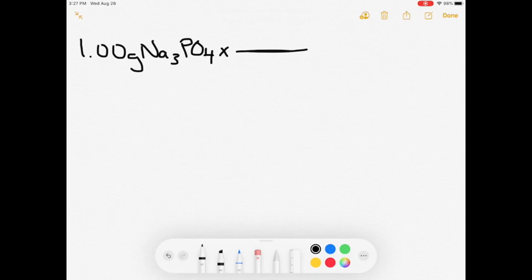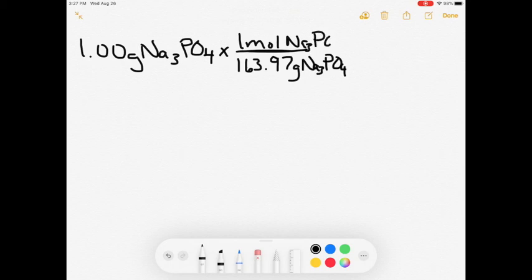So we're going to use the molar mass of sodium phosphate to convert it to moles. We already looked it up. It was 163.97 grams of sodium phosphate per 1 mole. So always 1 mole with molar mass. So grams of sodium phosphate cancel.